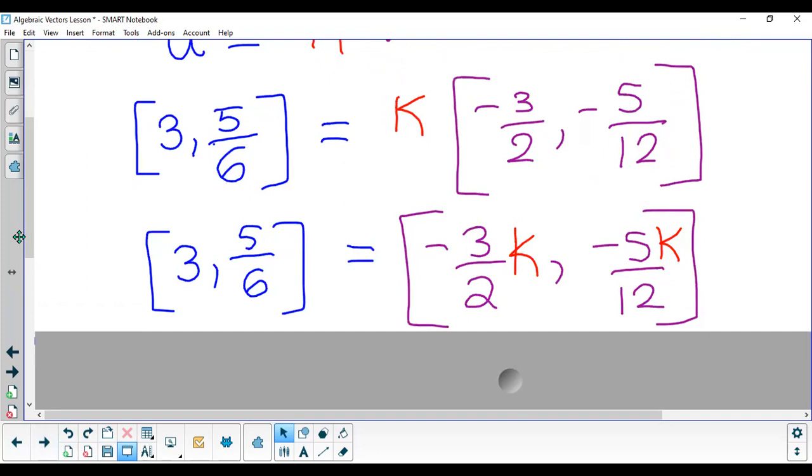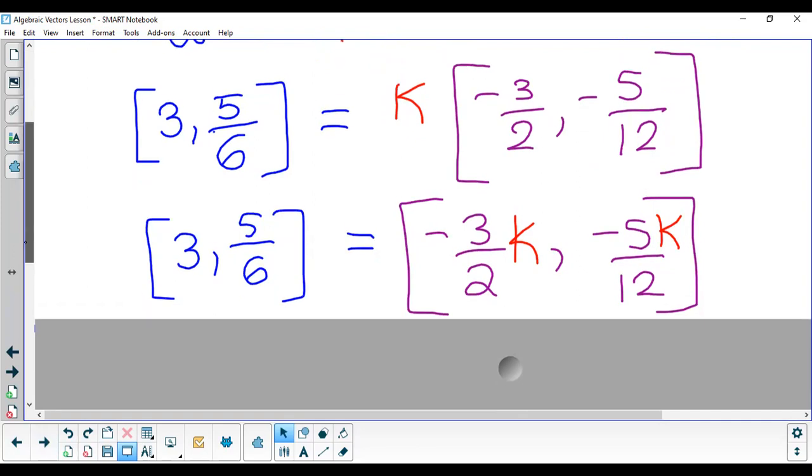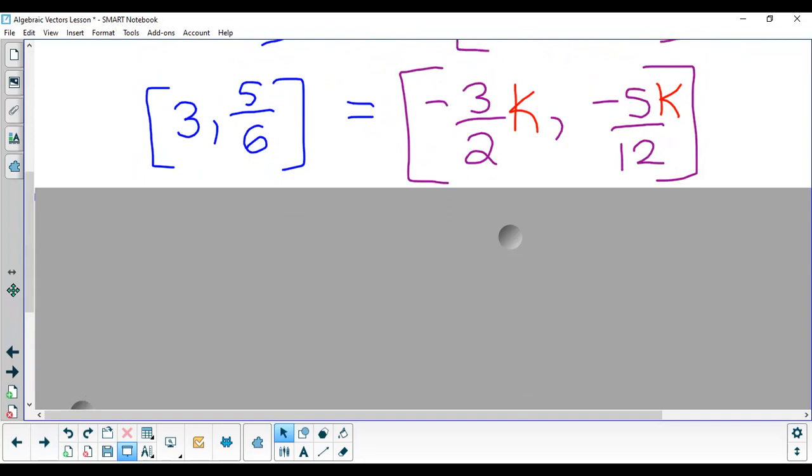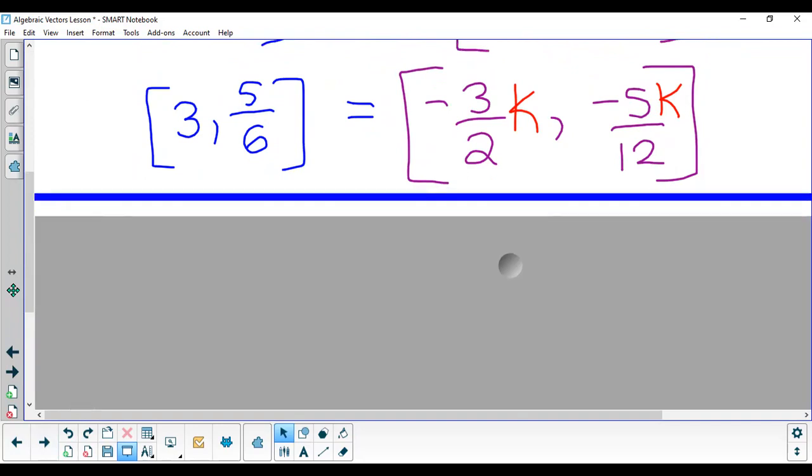That's what I'm trying to say, okay? Now that's as far as we can go in terms of those components. I want you to draw a line in your notes, and now we're going to resort to algebra. We're going to set up two algebraic equations, okay?